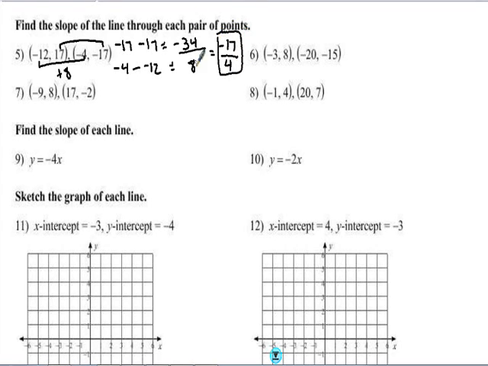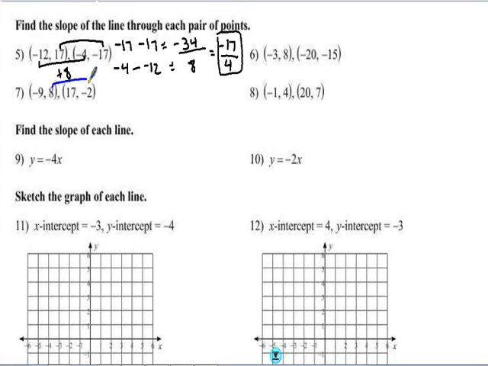Alright, again, if you have your calculator, negative 34 divided by 8, press enter, and then Casio FD will change it to a simplified fraction. TI, math, enter will change it to a simplified fraction. Alright, and let me grab a different color. And we're going to do the same thing here.